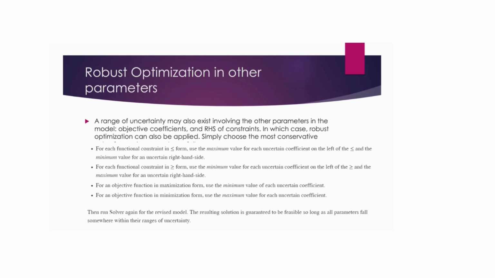Now we have here some rules that you should follow. Okay, so for each functional constraint in less than equal form, use the maximum value for each uncertain coefficient on the left side, and the minimum value for an uncertain right-hand side.